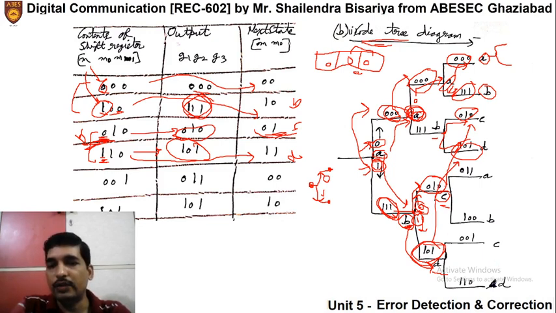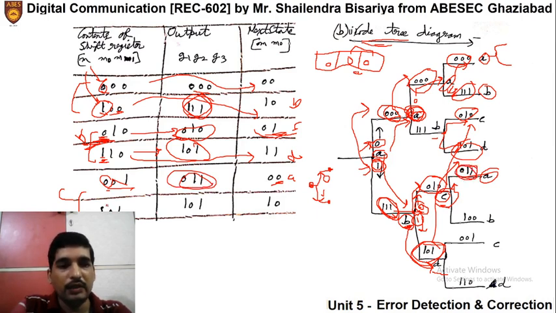From state C, if the input is 0, it will go to state A, and the corresponding output is 011.